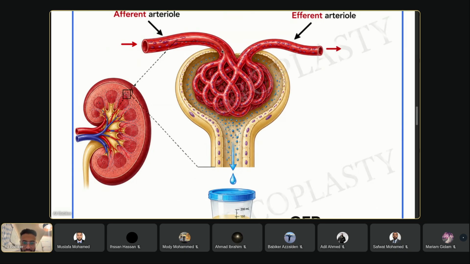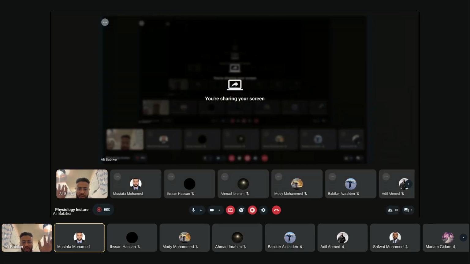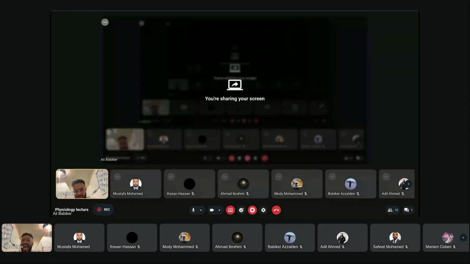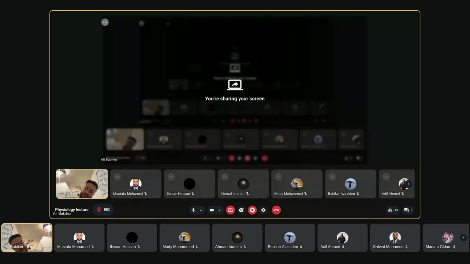So you need a material that completely crosses this one, and at the same time it's not reabsorbed at all by this one. So if it completely crosses this one and it's not absorbed by this one, that means all of what you put here will come down there. Simple idea. You need a material that's completely filtered through the glomerulus and none of it is absorbed. That will tell you the amount of blood that came. Does that make sense?